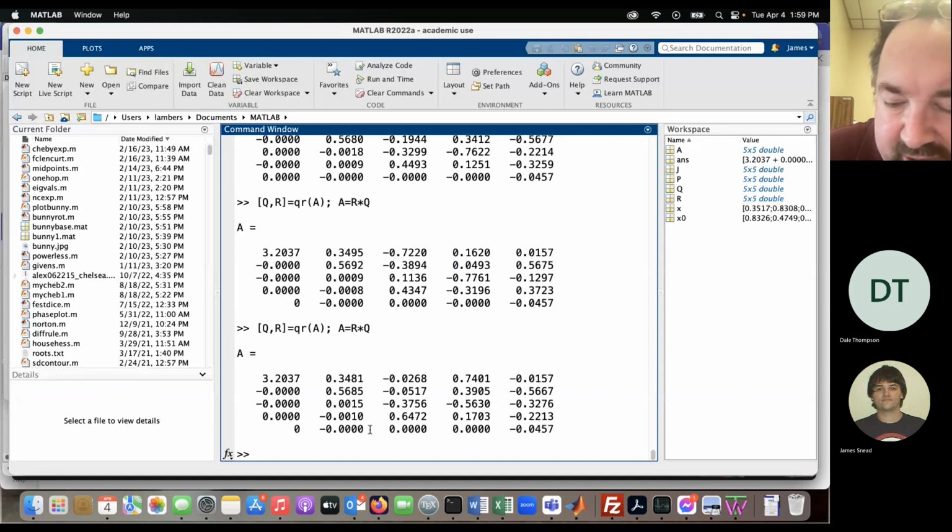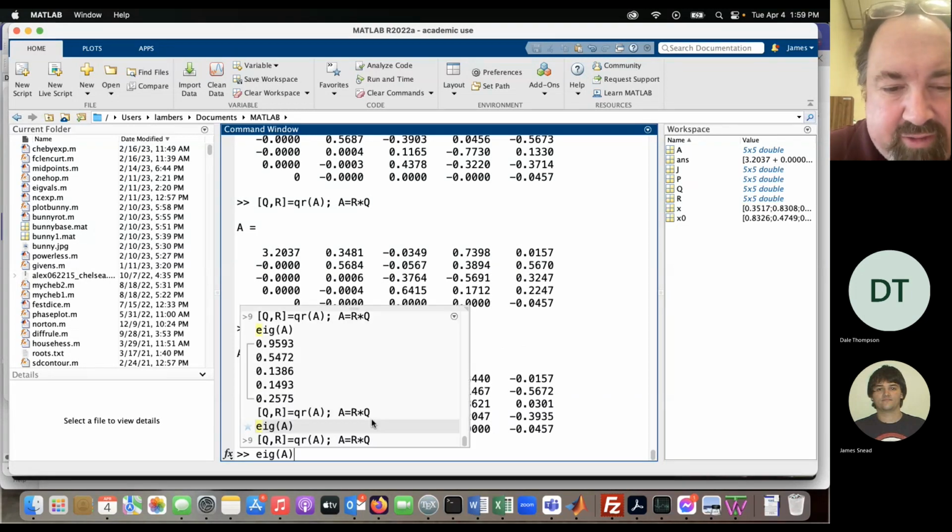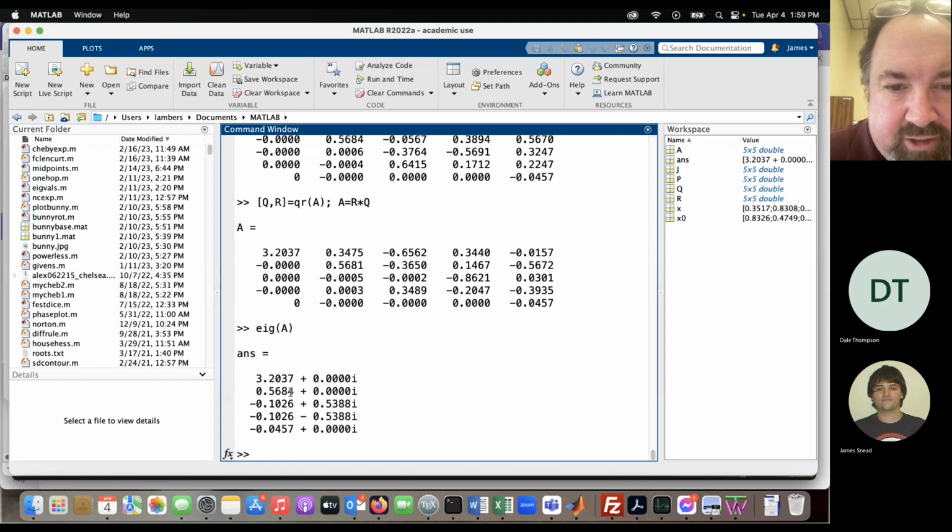Whereas if the eigenvalues had been more separated, I could have stopped this a long time ago. But see, we are getting smaller, and if I look at the eigenvalues, we have 0.5684. Here we're up to 0.5681, so it's getting there.